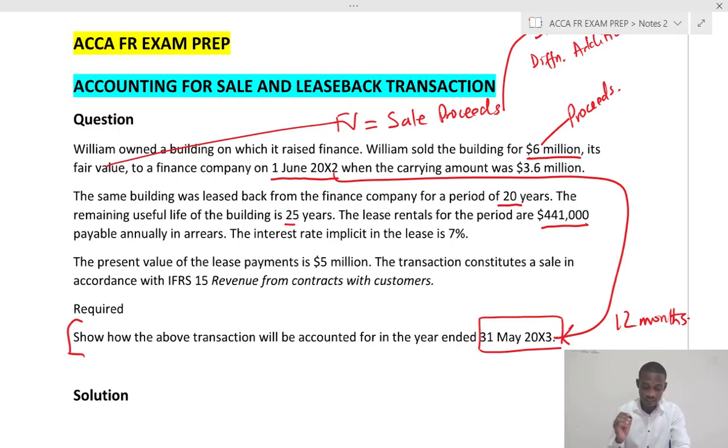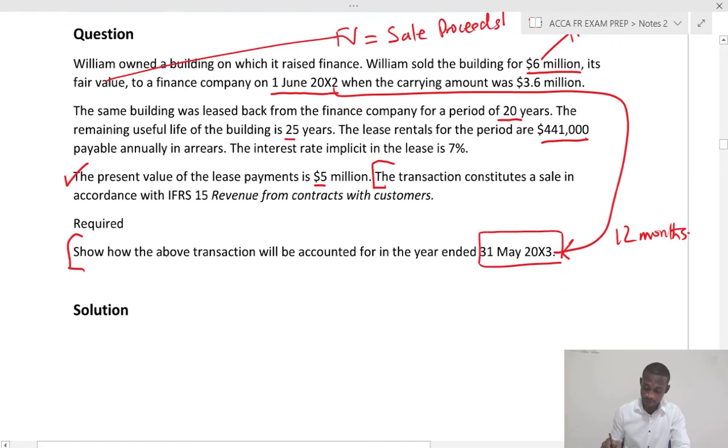The interest rate implicit in the lease is 7%. Now, the present value of the lease payments is $5 million. The transaction, so here is the key, constitutes a sale and leaseback in accordance with IFRS 15, Revenue from Contracts with Customers. So let's see how we account for this.